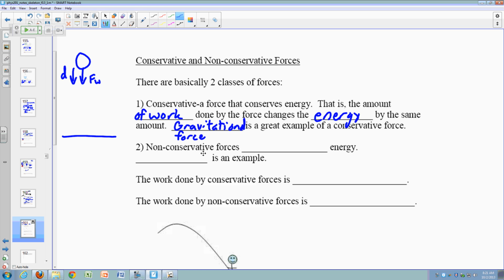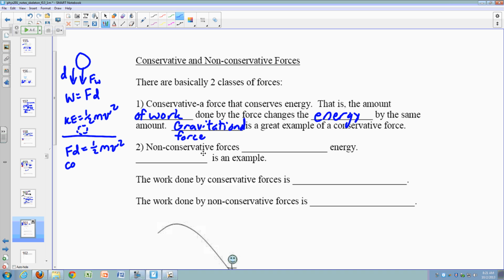Yeah. All right, so since the force due to gravity is a conservative force, I can say that work is equal to force times displacement. And then when the ball reaches down here, the kinetic energy is equal to 1/2 mv squared. And I can set those two equal: the force times displacement equals 1/2 mv squared.